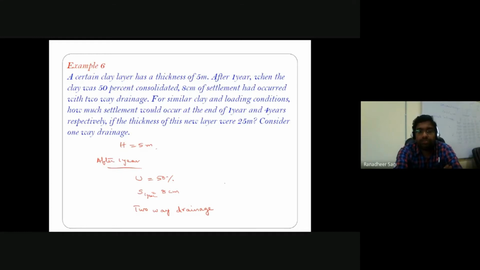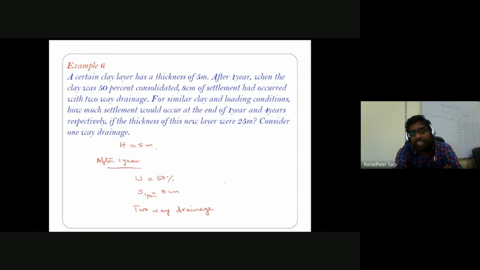drainage. So in case 1, after 1 year, you have 50% degree of consolidation achieved, where the settlement is 8 centimeters, and you have two-way drainage.